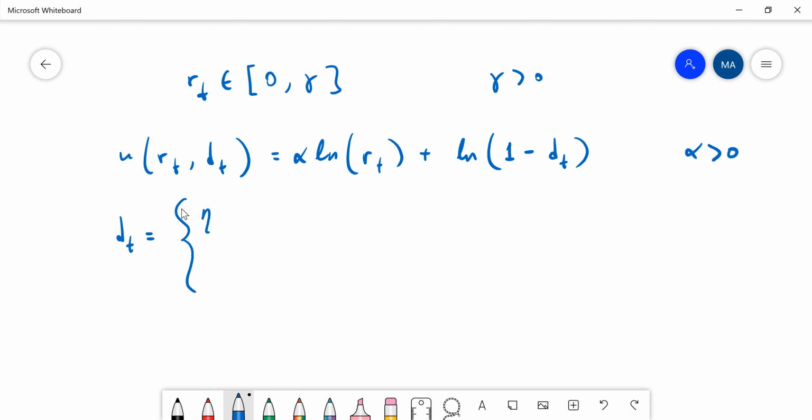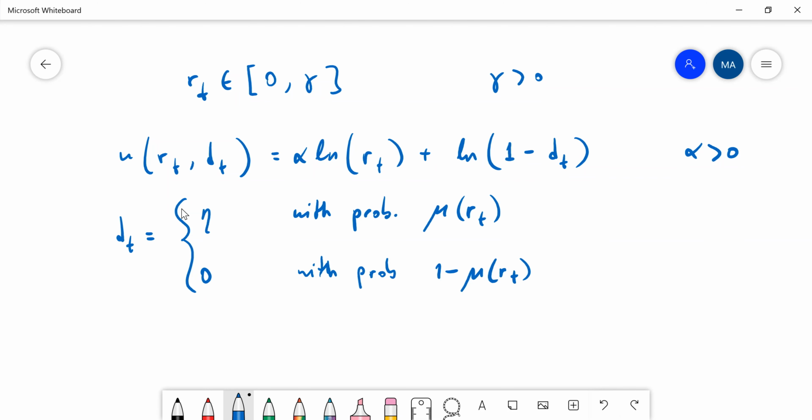It will be equal to eta with probability mu RT, and it will be equal to 0 with the respective probability 1 minus mu RT. Now, mu RT is this function, theta RT squared. So eta is less than 1, but very close to 1.